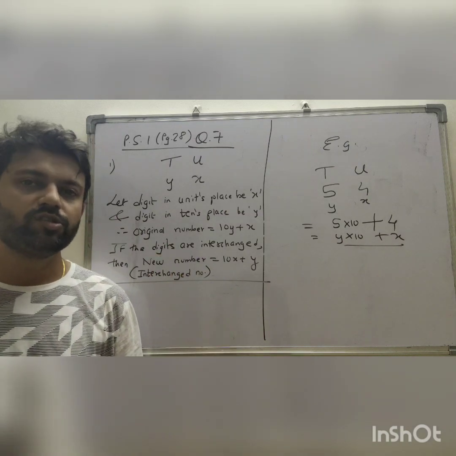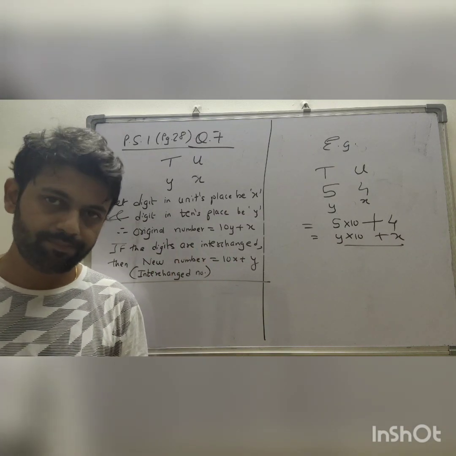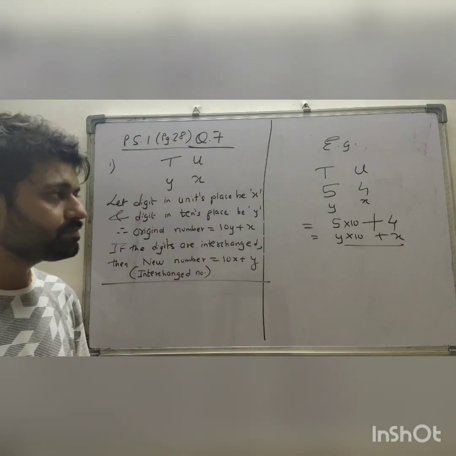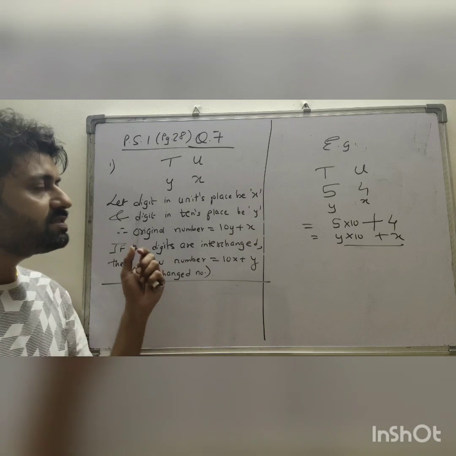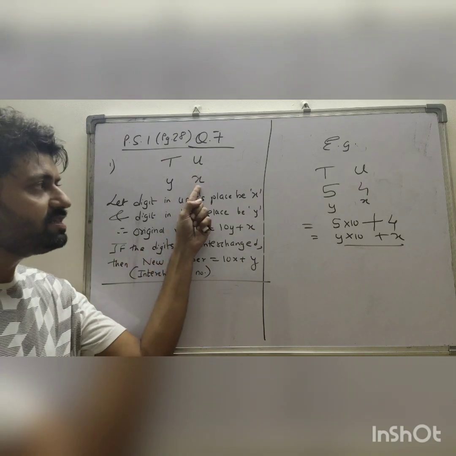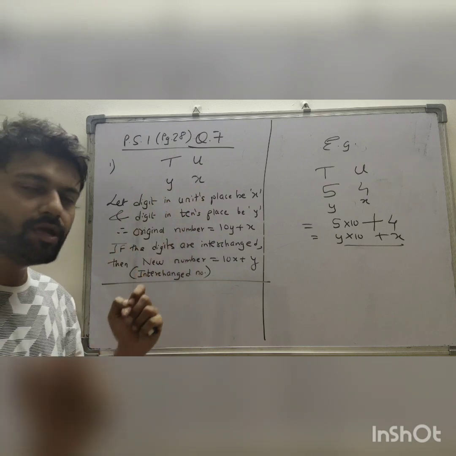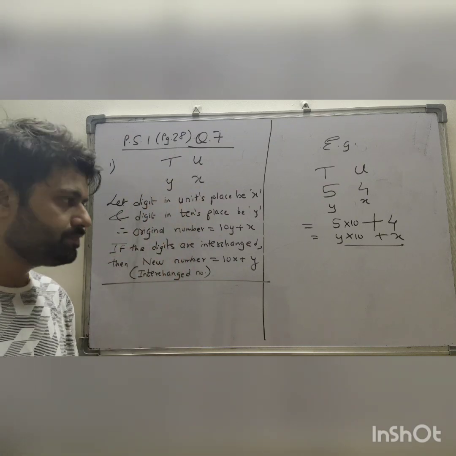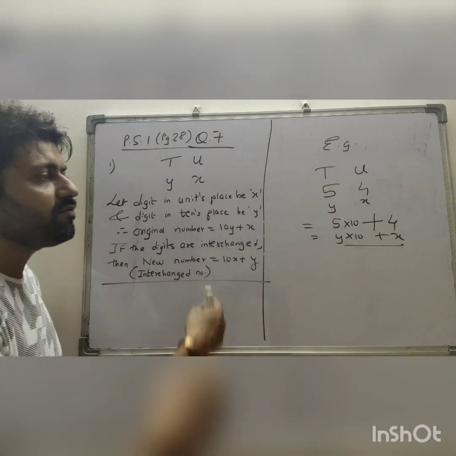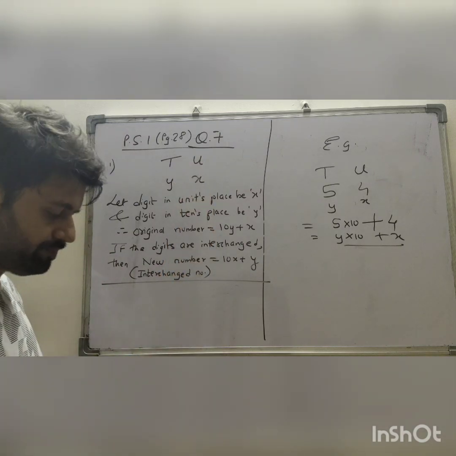Whenever you come across a 2-digit number sum, this is what you have to always perform. In this sum, since this is activity based, they have assumed units place x and tens place y. You can change if you want. This is a textual sum and we are following the same thing.